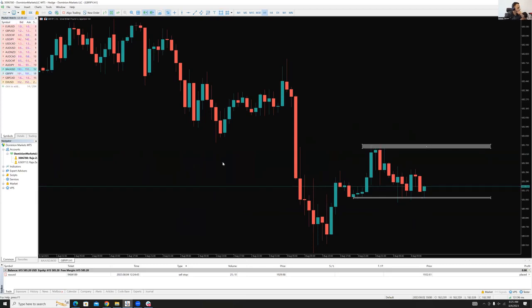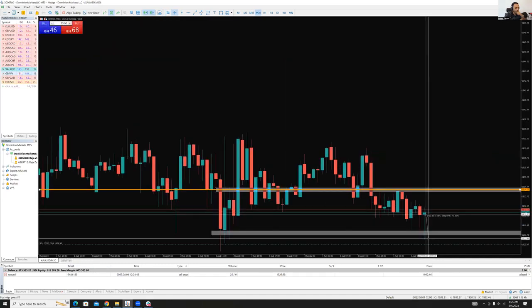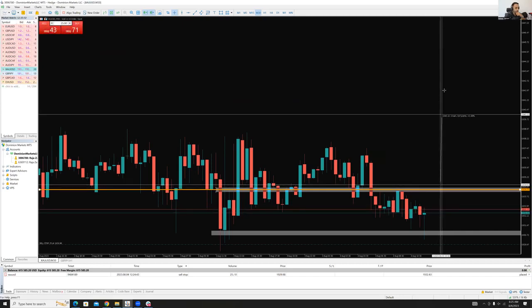If this wick closes as exhaustion wick, would it be right to expect reversal or just retracement? If this wick closes an exhaustion wick, it doesn't matter because we have a rejection, we have a resistance at 1934. If this wick closed an exhaustion wick, let's say above 1934, then we could say price can move up.